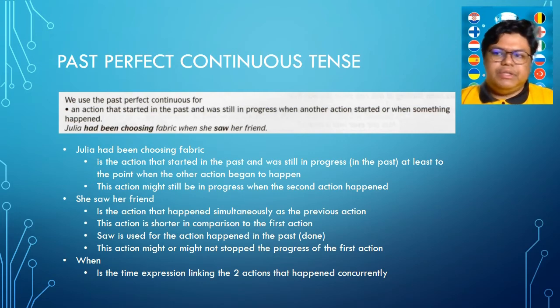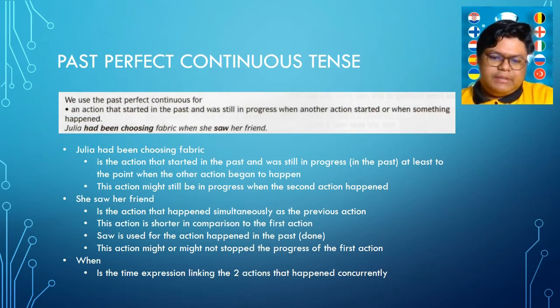Okay, contohnya: Julia had been choosing fabric when she saw her friend. Okay, so Julia had been choosing fabric ni adalah satu action yang start in the past and still in progress, masih lagi dalam proses. Dan tengah-tengah dia tu ada part yang dia when she saw her friend, dekat tengah-tengah yang choosing fabric tadi tu.